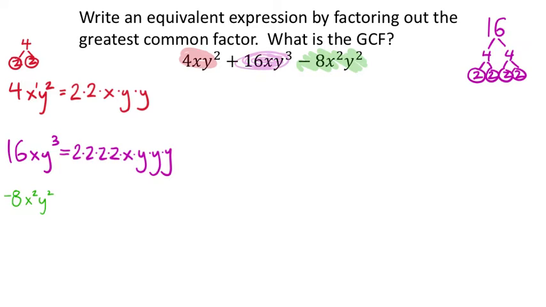I guess I can do that 8 below. So 8 splits up into 4 and 2. 2 is prime, and then 4 is 2 and 2. Okay, so that ends up being, and again, I want to show the negative. I'm going to show it with the negative 1 right there. I'm putting it in parentheses, although you wouldn't necessarily have to, but that's now 2 times 2 times 2 times x times y times y. Okay?